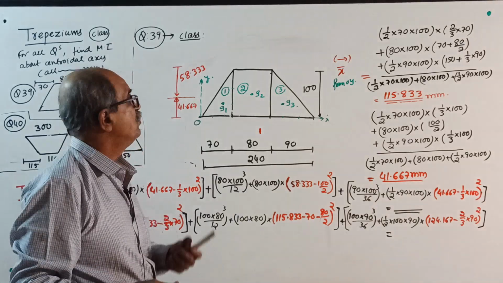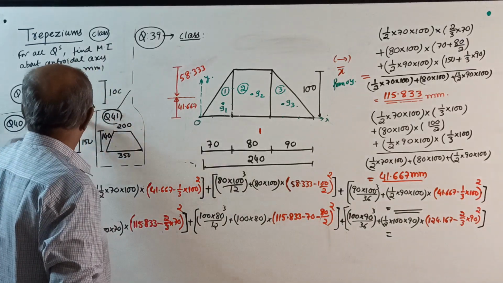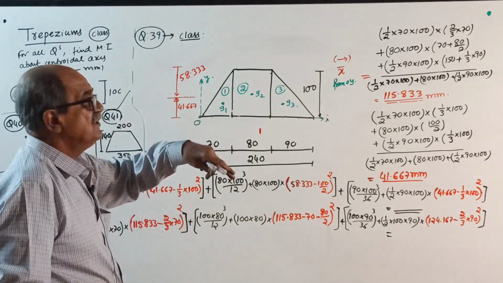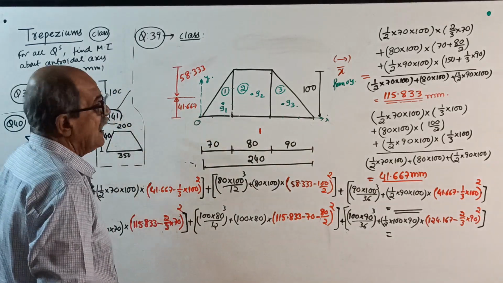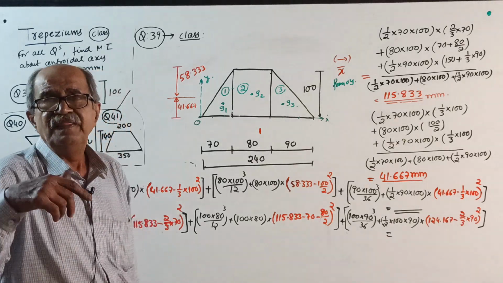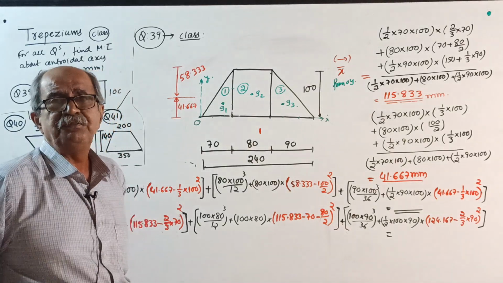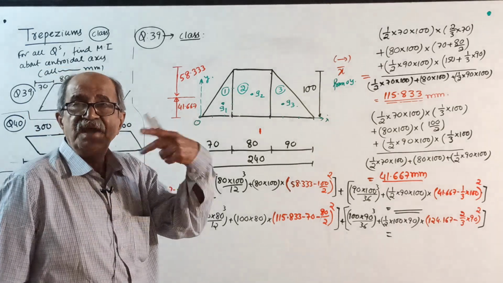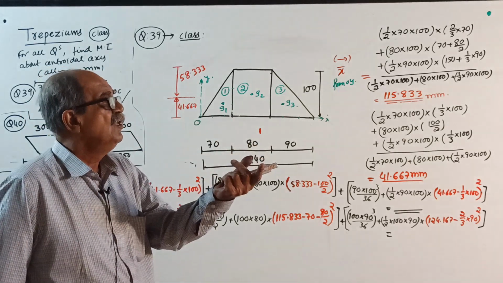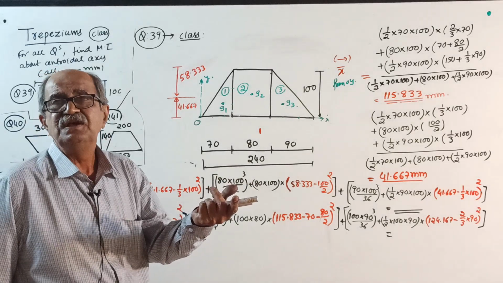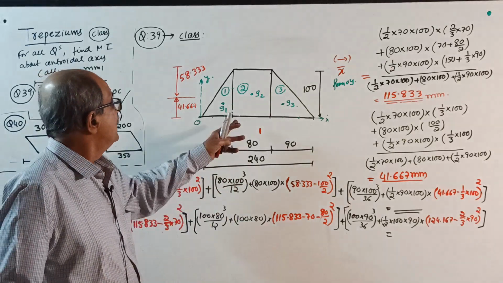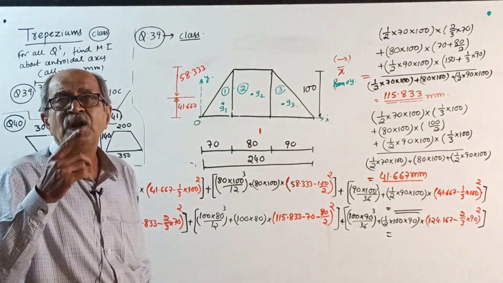So today what I am doing is, I will solve these three questions. Next class, three questions where parallel sides are vertical. Next class, I will solve around 4 questions where offset will be only on one side.